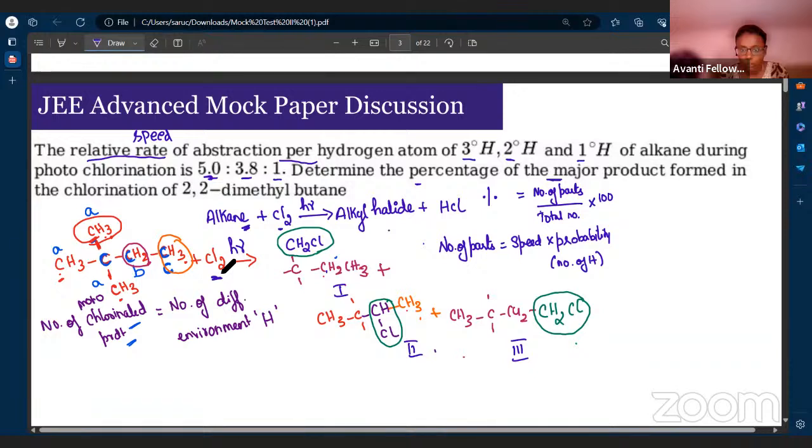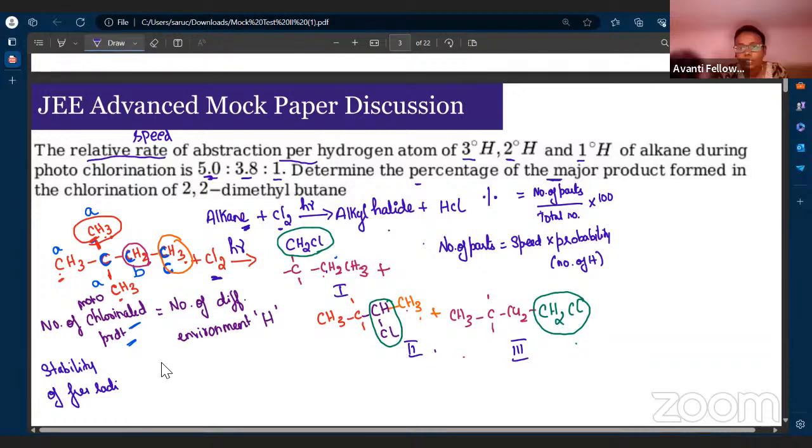Okay, so for a free radical, which free radical is stable? Give me the stability of free radical. What is the order of stability of free radical? Yes, in the chat box. Very good.